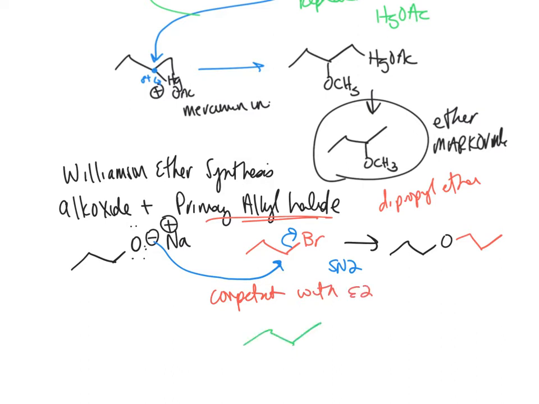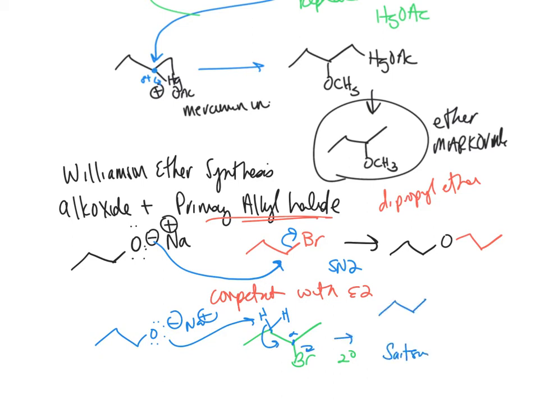If you use something like a secondary alkyl halide, such an alkoxide base would also take the beta hydrogen here, and it would choose this hydrogen as opposed to the other beta hydrogen. So you could follow Zaitsev's rule, and that would take that, and you would get the alkene.